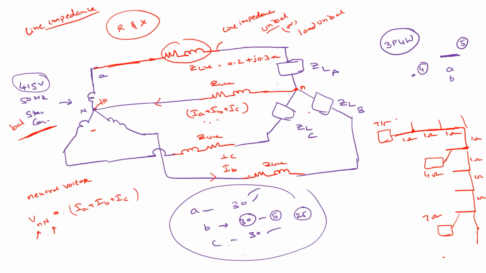So how exactly will we write the voltage between N and N? We are measuring the voltage between this N and this N. It is IA plus IB plus IC into Z line. This is known as neutral voltage.